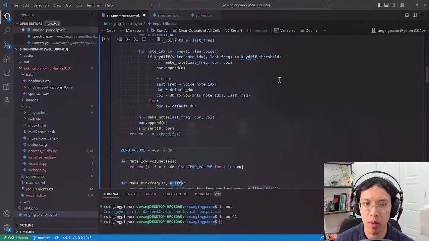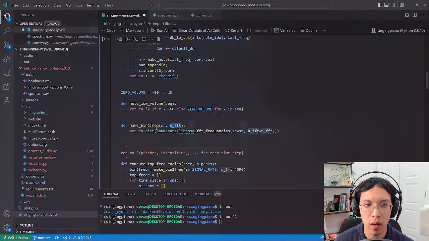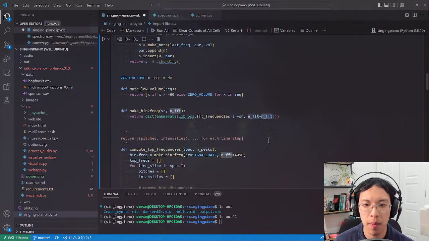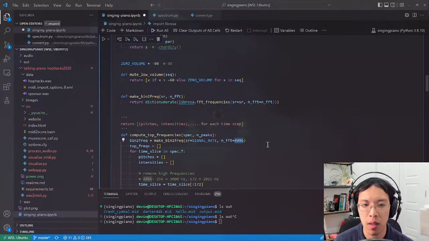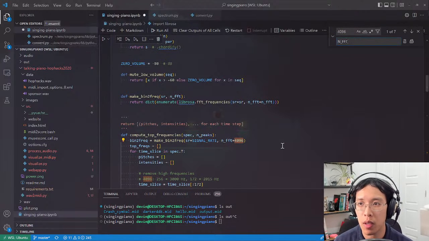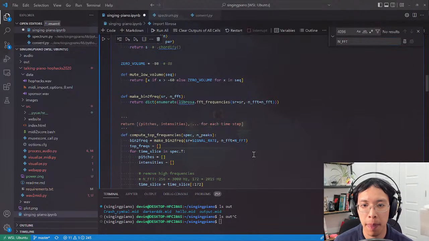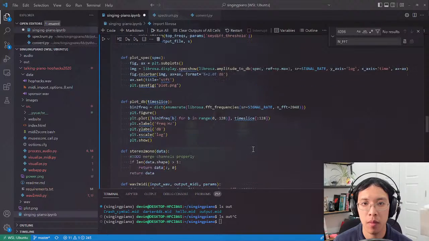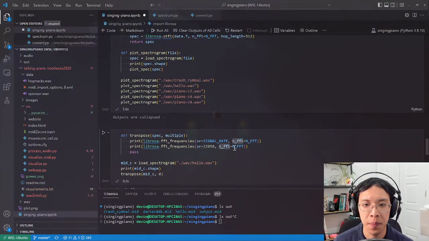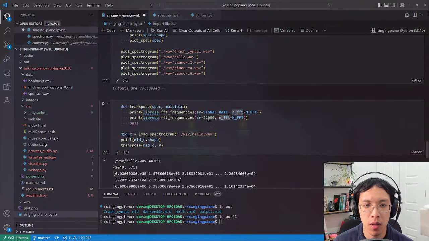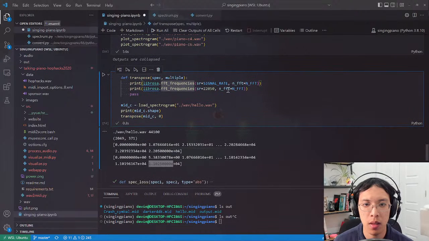It has to be a power of 2 because it's faster to run that way. So anywhere we have 4096, we're going to replace with this. Replace all. Cool. Okay, so now we should be able to just generate one of these.